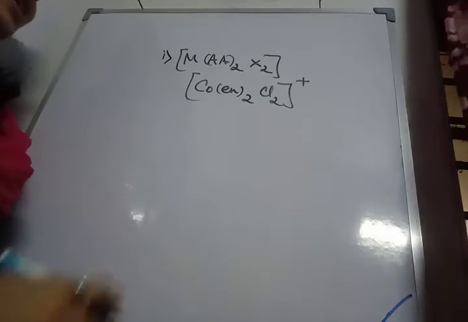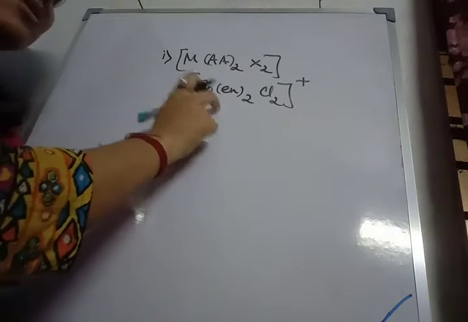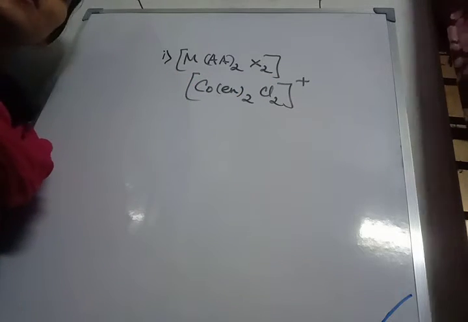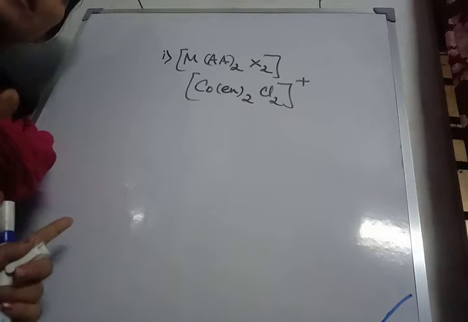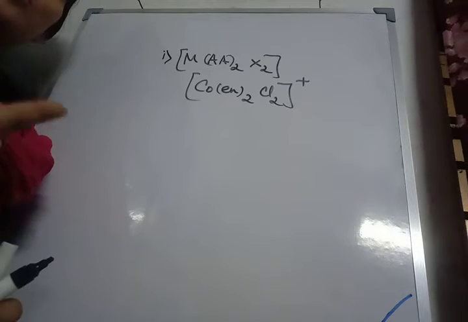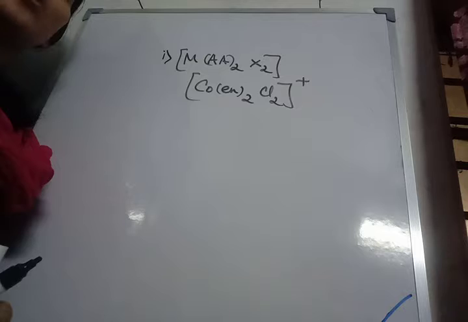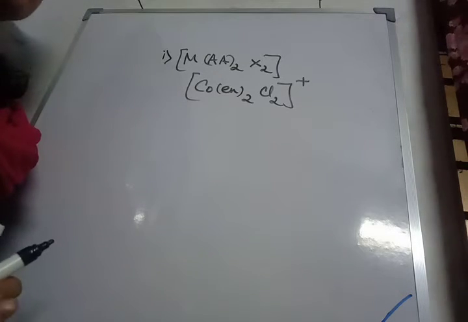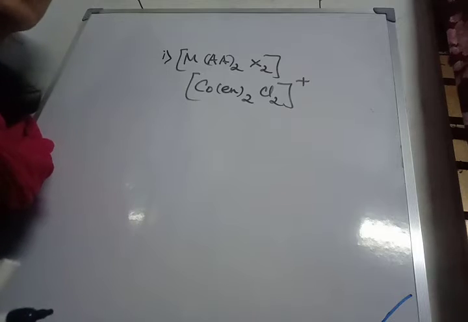Okay. Now, we have studied this compound in geometrical isomerism. This particular compound has a cis form and a trans form. Now, we always need to remember, in case of optical isomerism, it is the cis form which shows optical isomerism. The trans form never shows optical isomerism because of the presence of a plane of symmetry.